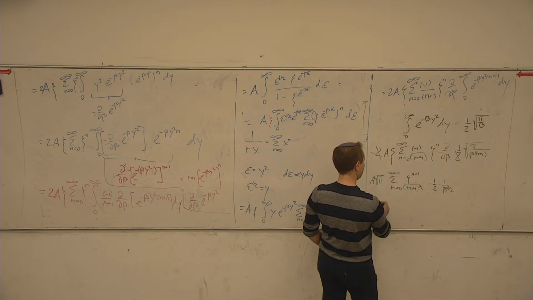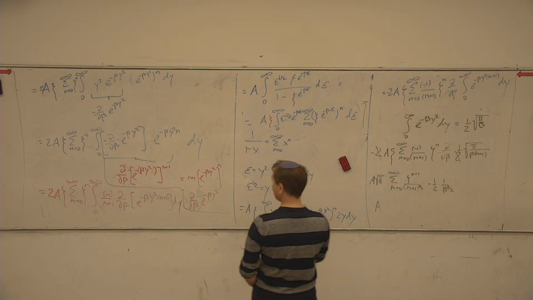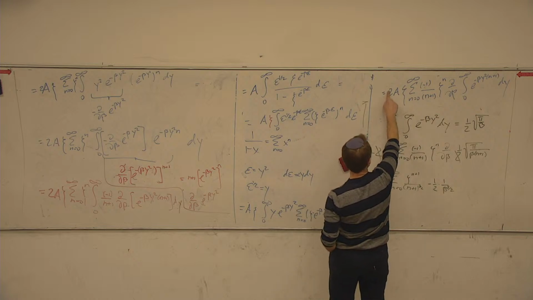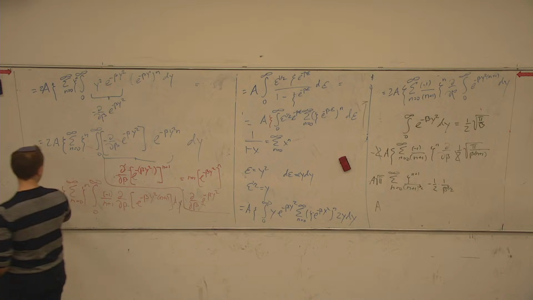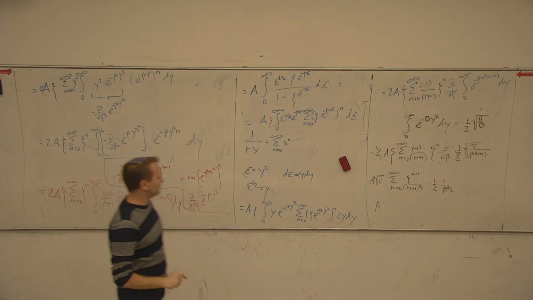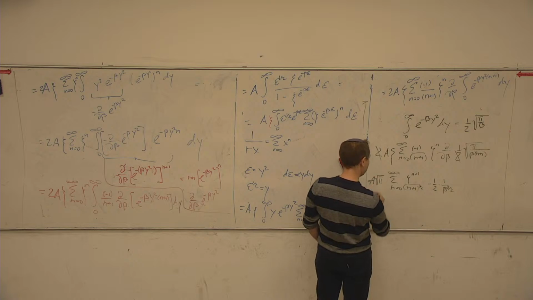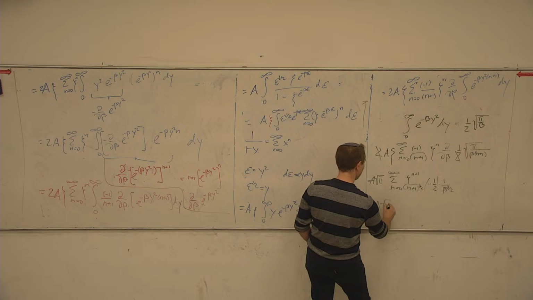I'm sorry, so this minus wasn't there, right? So we have only minus 1 over here. There is no additional minus, so this is important. So we have minus square root of pi.